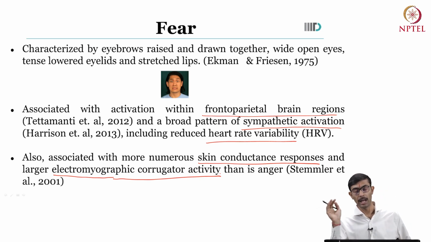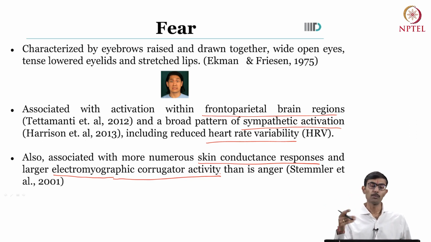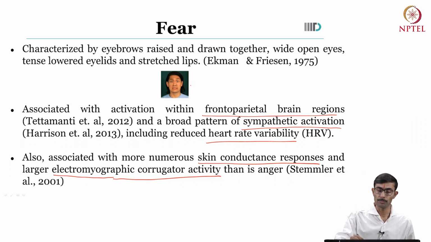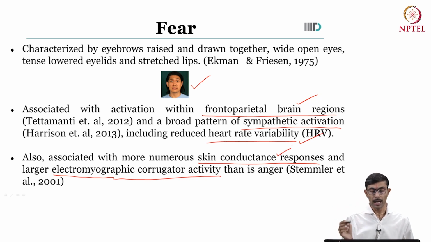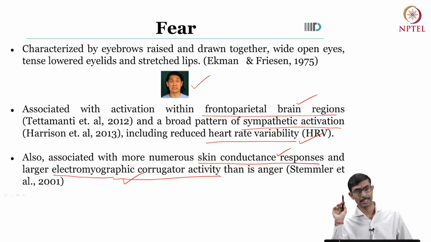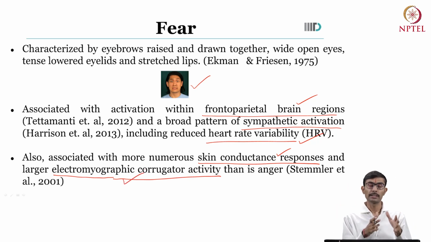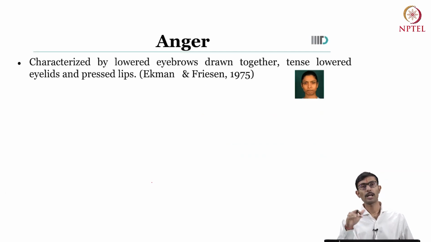So these are the different ways in which the same emotion, fear, can be expressed in facial expressions, brain activity, cardiovascular activity, skin conductance responses, and EMG activity. Since different emotions are different, they are also experienced or expressed in different modalities in a different way. Similarly, after having understood fear, let us look at the anger emotion.